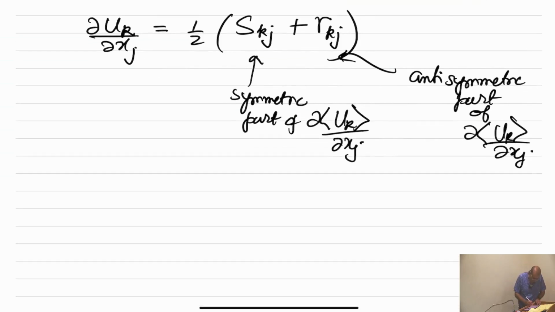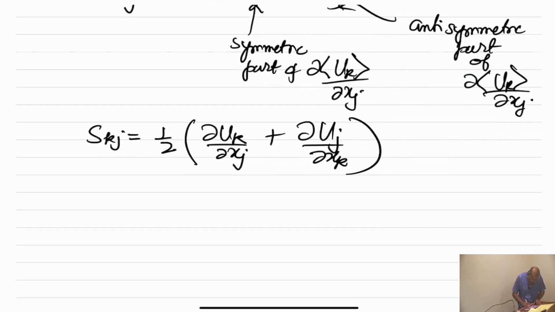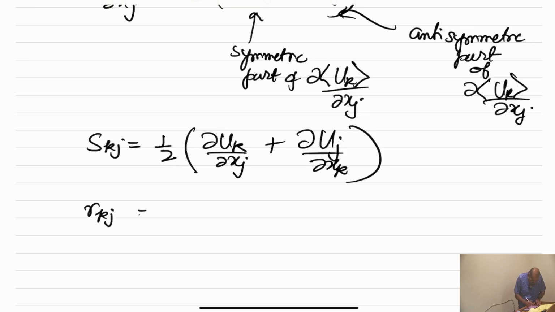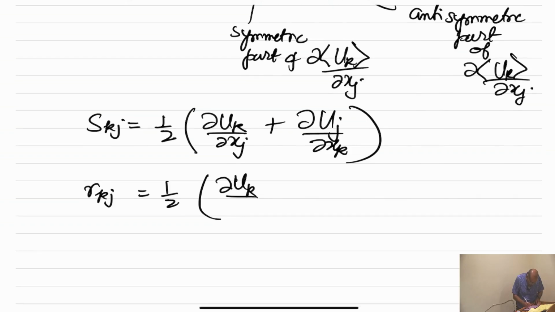So that means skj is equal to half of the sum, and rkj is equal to half of duk by dxj minus duj by dxk.